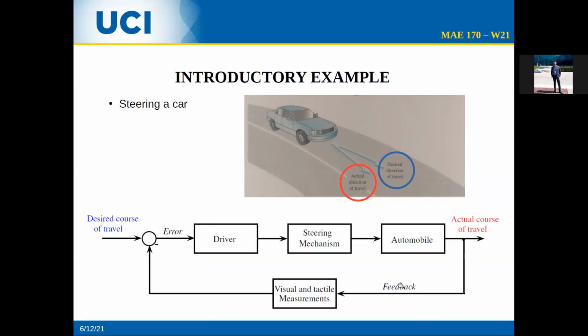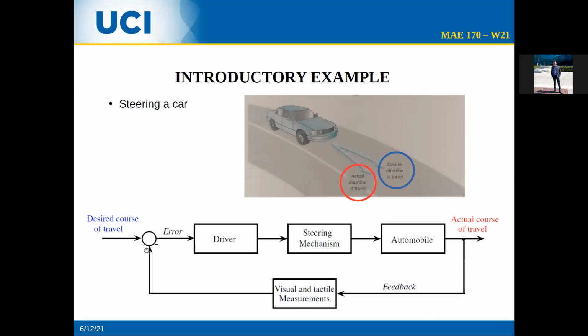So in this case, we're talking about a feedback loop, because we take the actual output, we measure it through a sensor, and we feed it back to the beginning, and we compare it to the desired course of travel.